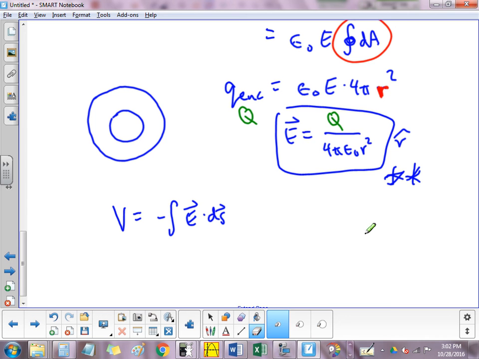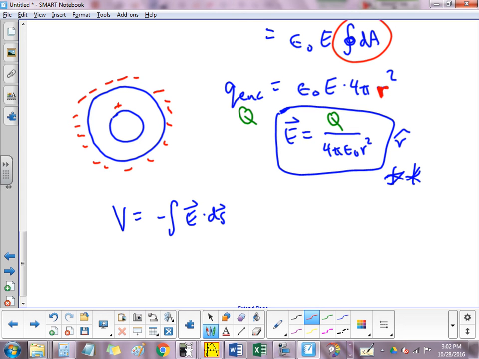Okay, and now going to the integration. Let's follow their convention. We'll go from the negative object, which they're saying is on the outside, to the positive object, which is on the inside. So if we integrate that way, we're going from shell B to shell A. B is the bigger shell, A is the little shell.